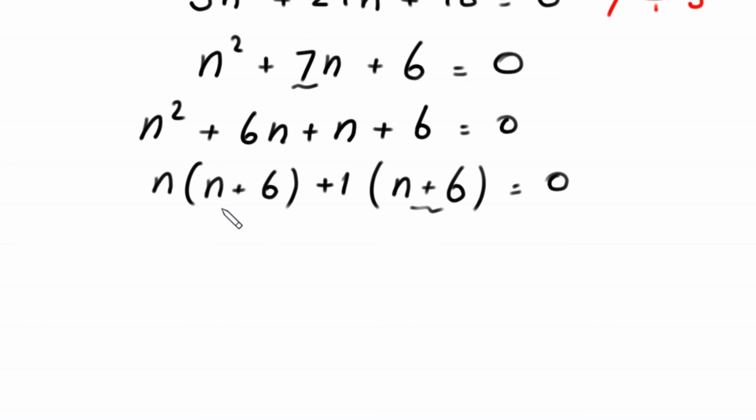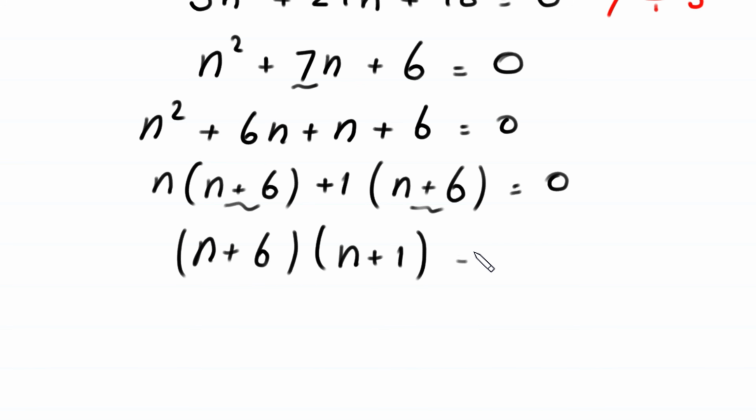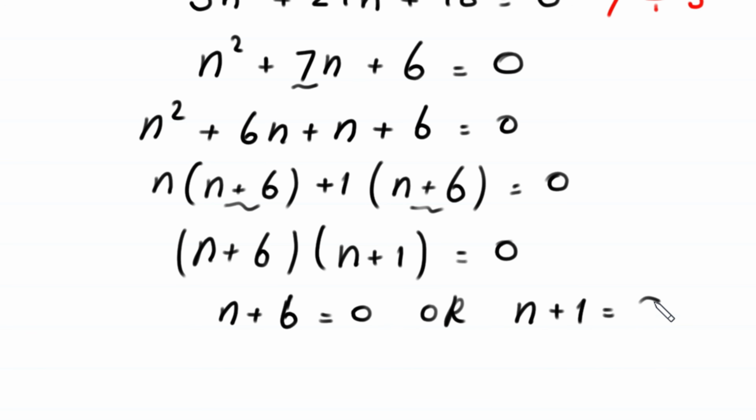This n plus 6 is a common factor, so we factor out this n plus 6, and in bracket left n plus 1, equal to 0. Either this expression n plus 6 equal to 0, or this expression n plus 1 equal to 0.